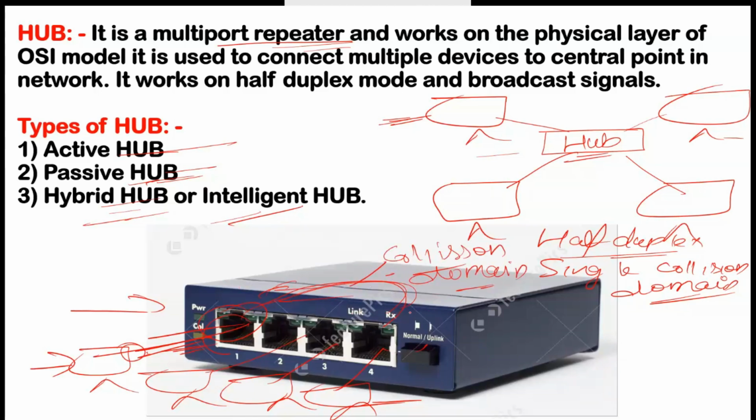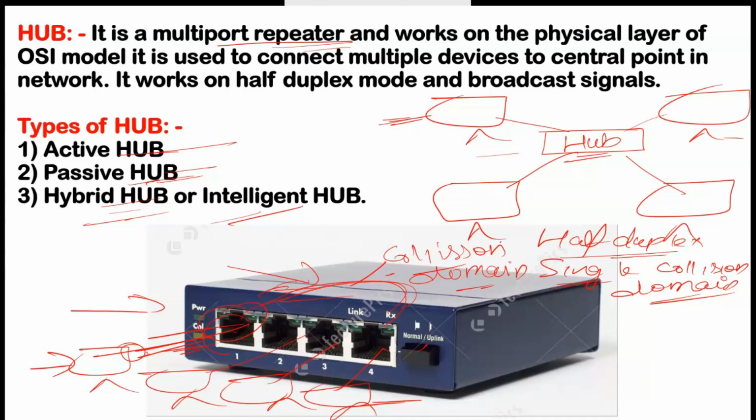So here only a single collision domain is available. Single collision domain means a single path available for everything. If the first port sends data from first to fourth, the path will be the same. If the second sends data from second to third, the path will be the same. If the third sends data from third to first, the path will be the same. Only a single path is there, so that is called a single collision domain.